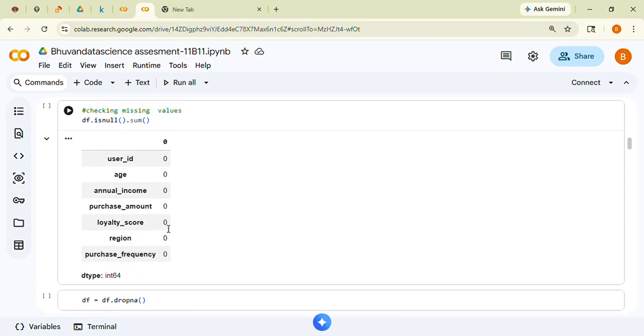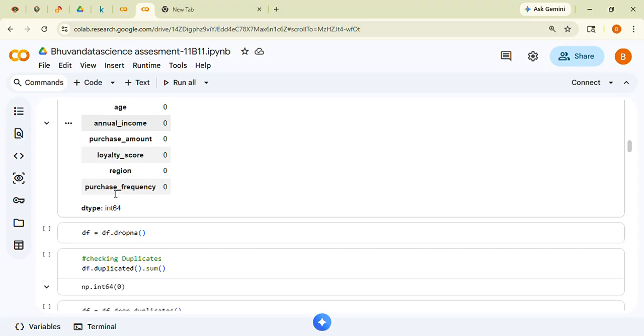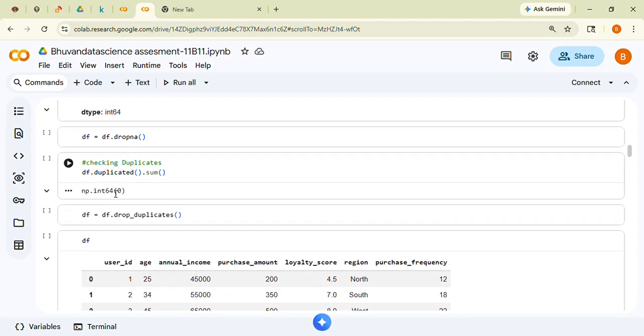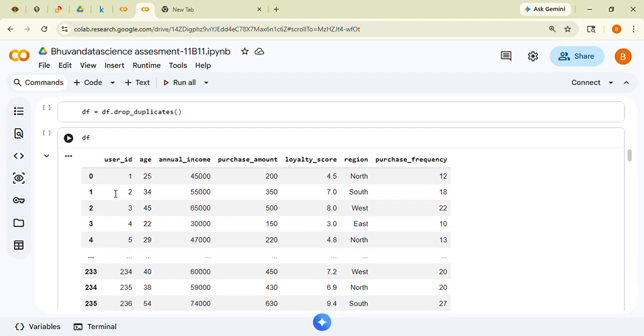In this dataset, there were no missing values found and no duplicate records, so the data was already clean. Here you can see checking missing values, no missing values found, and duplicates also were not found.